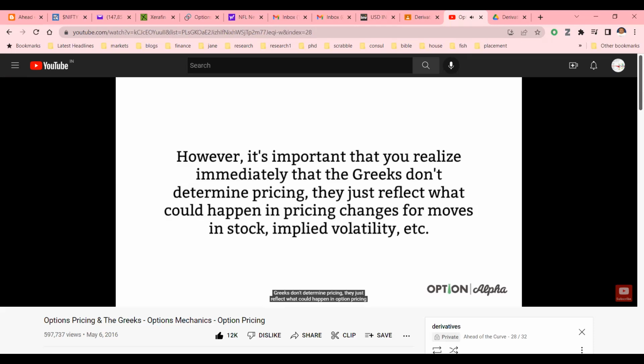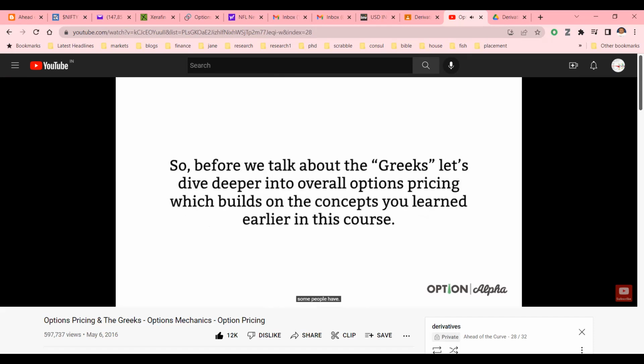They just reflect what could happen in option pricing changes for moves in stock, implied volatility, time, etc. Okay, so Greeks are forward-looking. They are not a determinant of option pricing. They basically tell you if this happens, then the price of the option should go down or up by X. Okay, so they're like little levers. If you push this lever, then you'll get this reaction. If this happens in the stock, you'll get this reaction. And that's a big misconception that some people have.